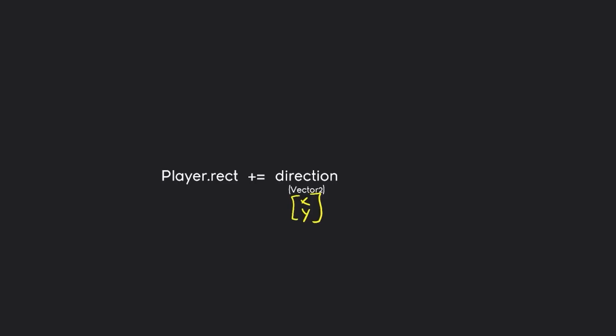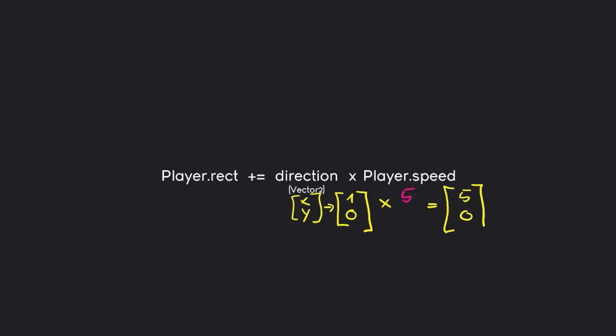And then this direction we are going to multiply with a player speed. So for example, if our player speed is, let's say 5, and for some specific numbers for our vector, if our vector has a direction of 1 and 0, if we multiply this vector with 5, this would give us a new vector of 5 and 0.